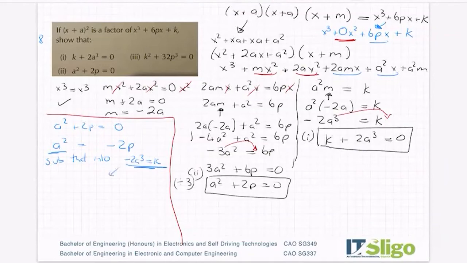So I could write this as minus 2a squared by a is equal to k. So minus 2, instead of a squared, I have minus 2p, by that a is equal to k. So now I have minus 4p squared by a is equal to k.